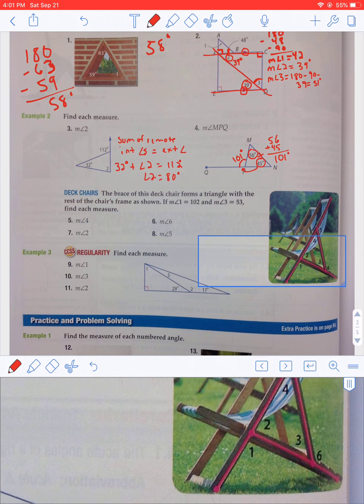So I'm going to mark that. And then it also tells us that angle 3 is 53. And so I put in that information. And so number 5, they want us to find angle 4, which is up here.